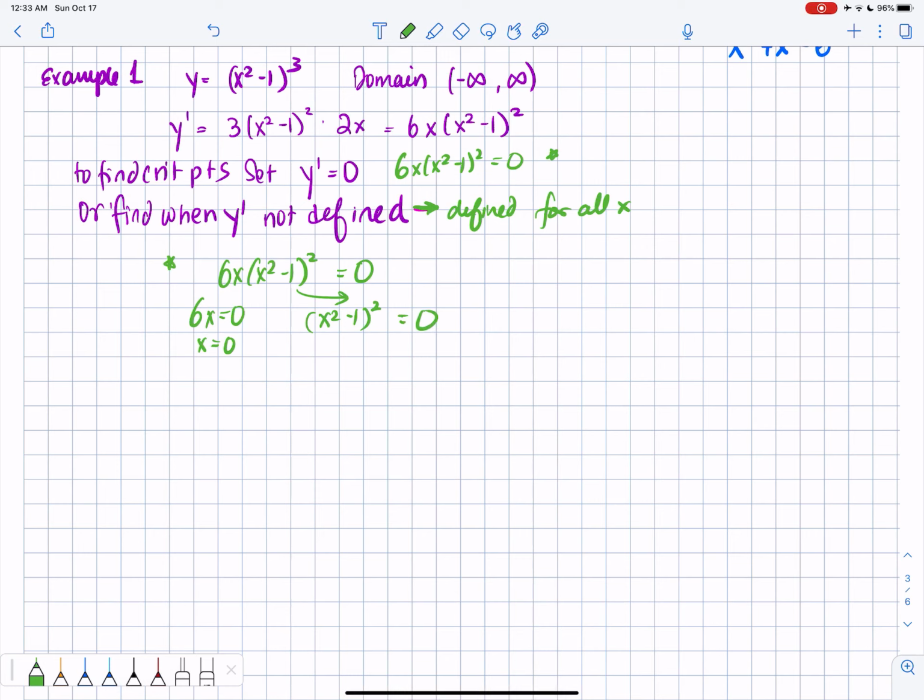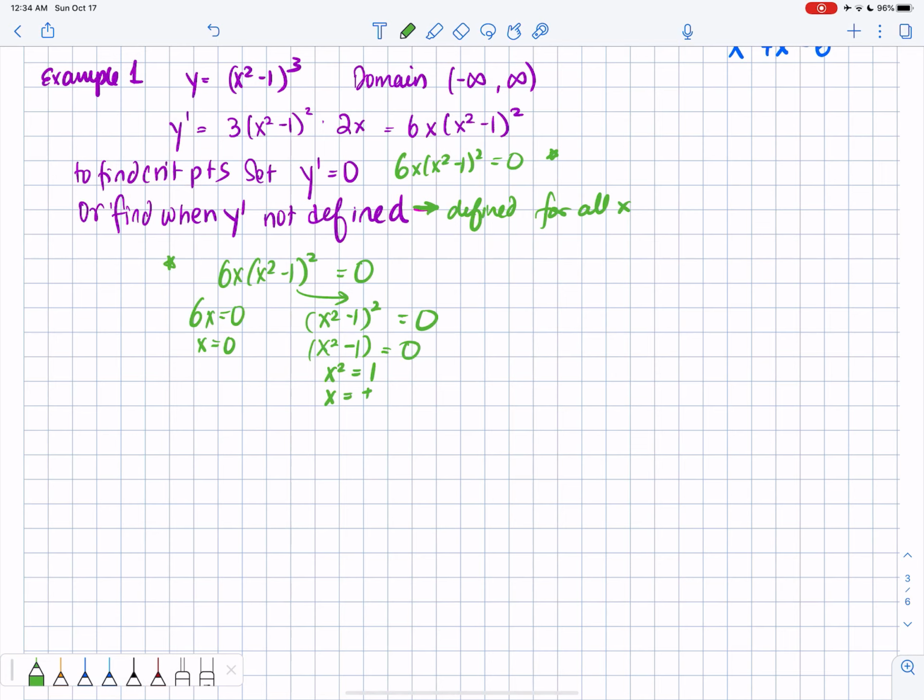Okay, now when is the square of a number 0? When the number is 0. You don't need to put plus or minus because it's 0. Okay, when is x squared minus 1 0? That will be when x squared equals 1.